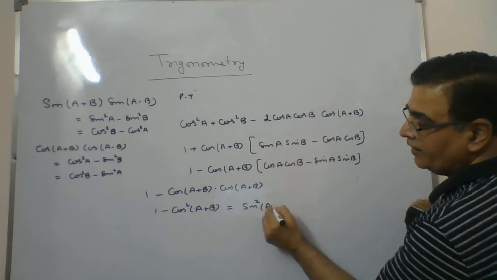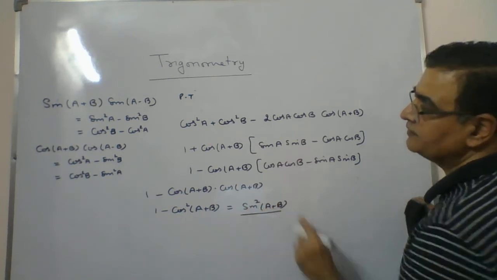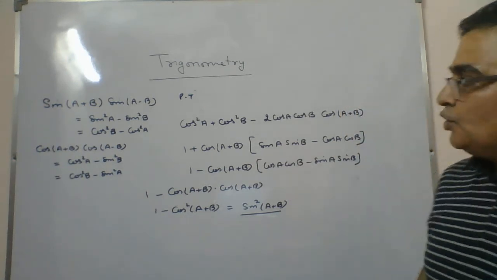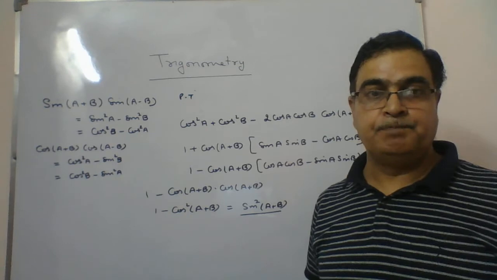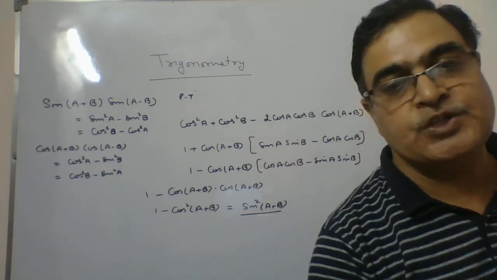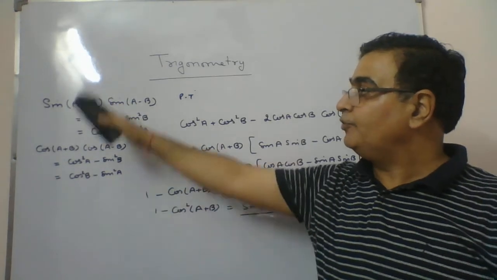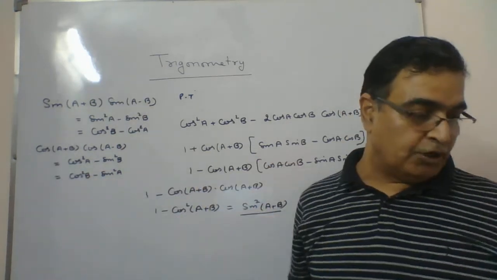So sin square A plus B is my answer. So this is another good question we have. You should know how to do it. So all these 4 questions we have done, which can be good questions for this formula.